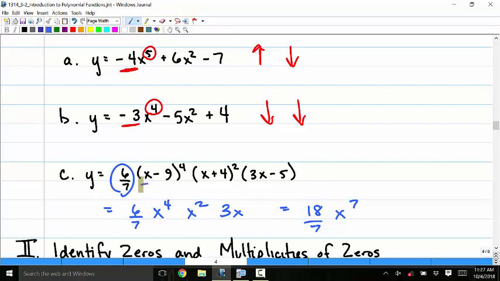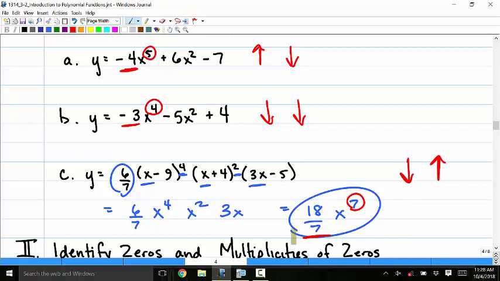All I did was multiply those. Because when I multiply it all out, that's going to be my very first term. Okay, degree is odd. Leading coefficient is positive. So it's going to go down, up.